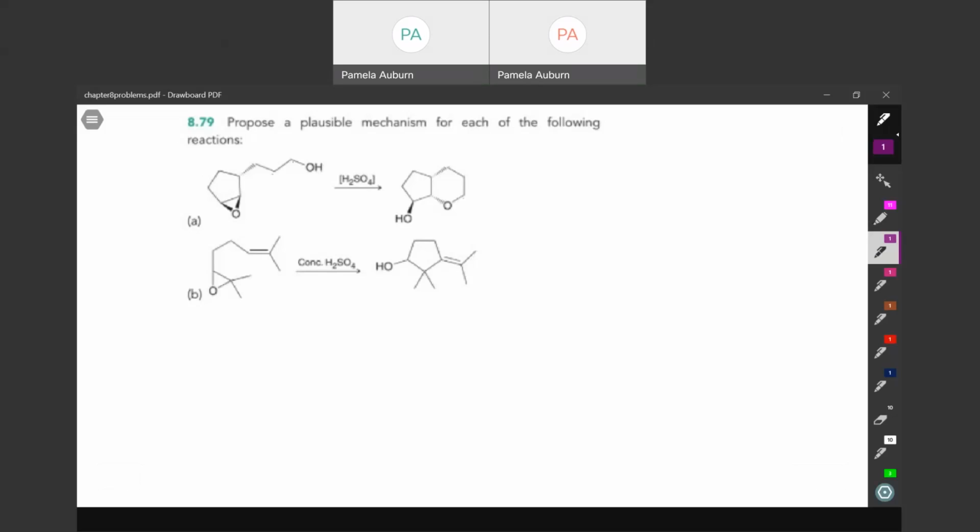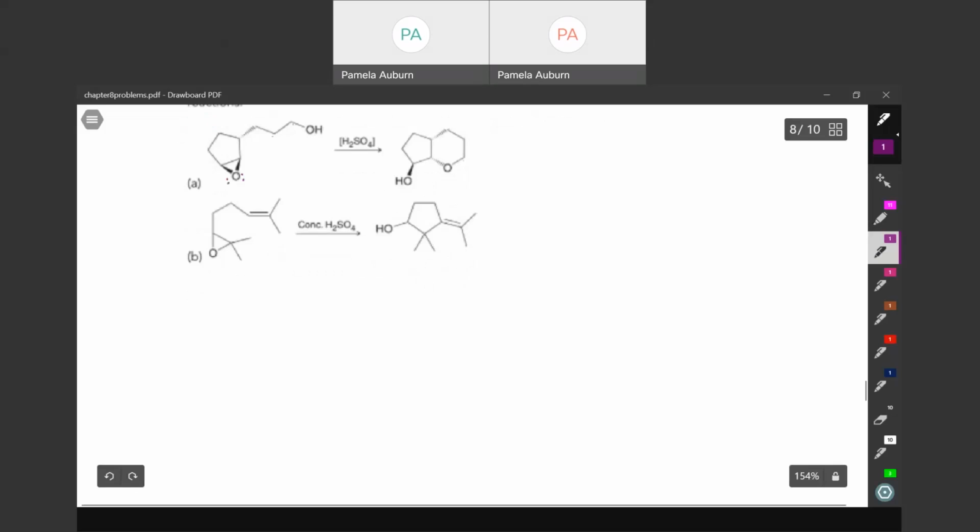The acid is going to do a proton transfer. In this case, it's going to proton transfer to the lone pair on the epoxide. That's going to make it a better leaving group. And in the second step, the lone pair from the alcohol is going to act as my nucleophile. So let me draw all that out.